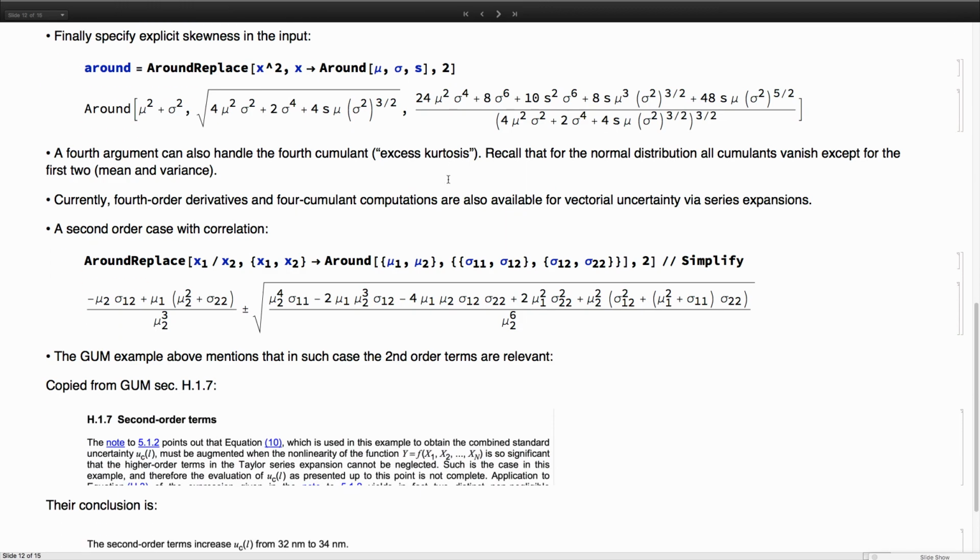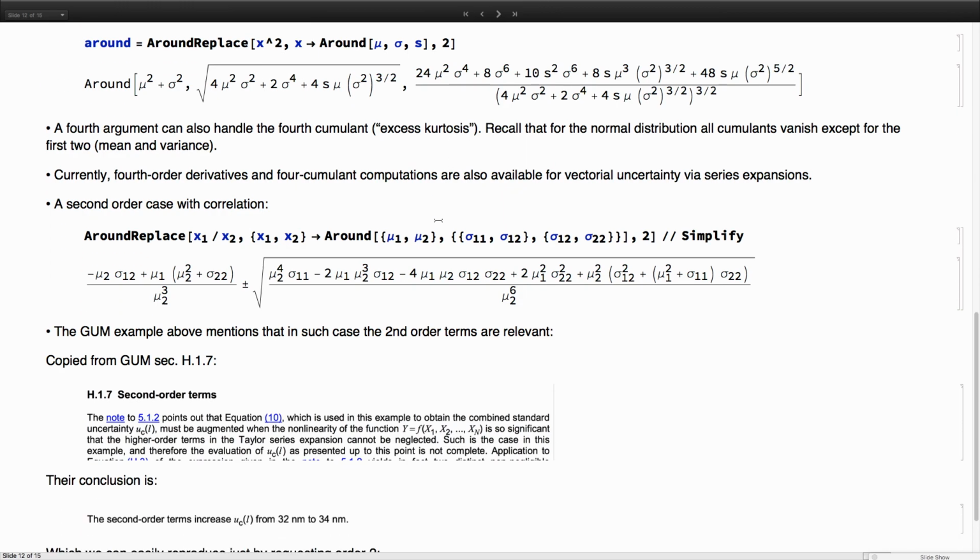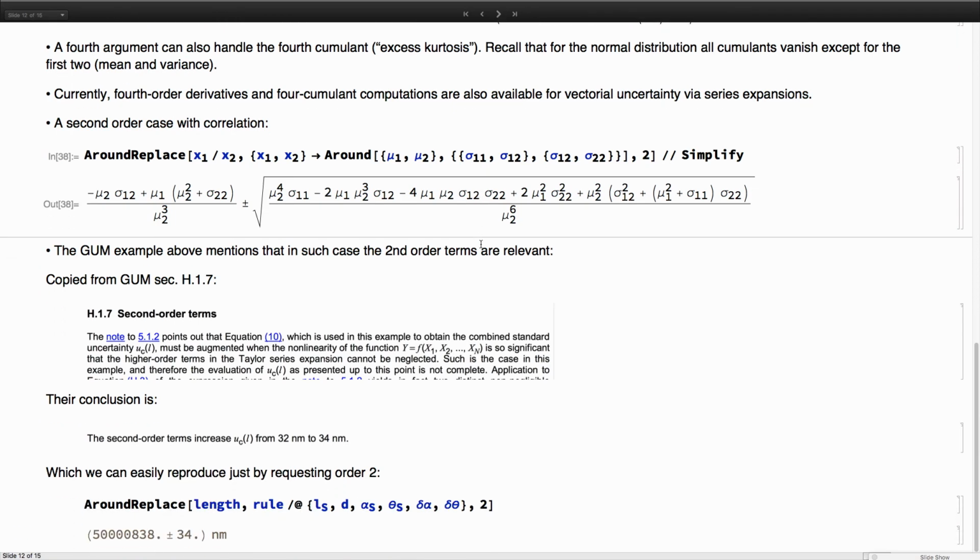This is an example that Professor Hanson suggested yesterday, which is let's do division with 2 variables, and let's have correlation and do it to second order, right? And that would be the result. And for example, the GUM document, in the examples we did, they say here, well, what we did is fine, but actually there are some terms that are important at second order, so let's do them as well.